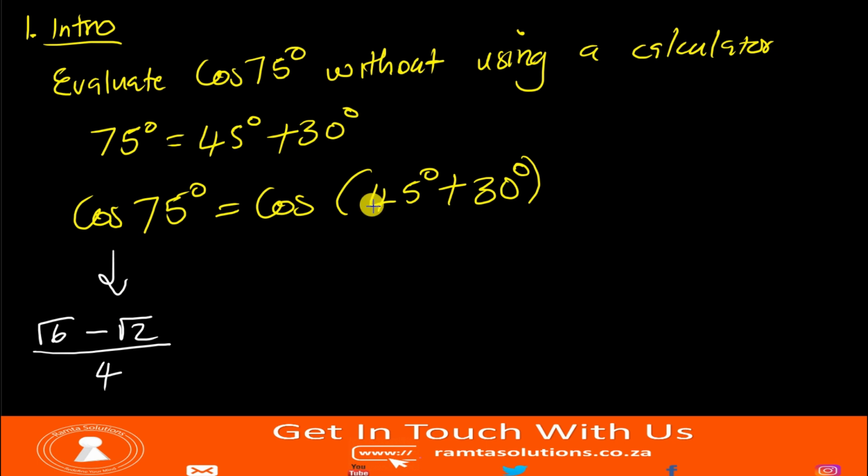Remember guys, cos of 45 degrees plus 30 is not cos 45 degrees plus cos 30 degrees. That's very wrong. Now stay tuned. This will be a long video, but it will be worth it. Let's go.